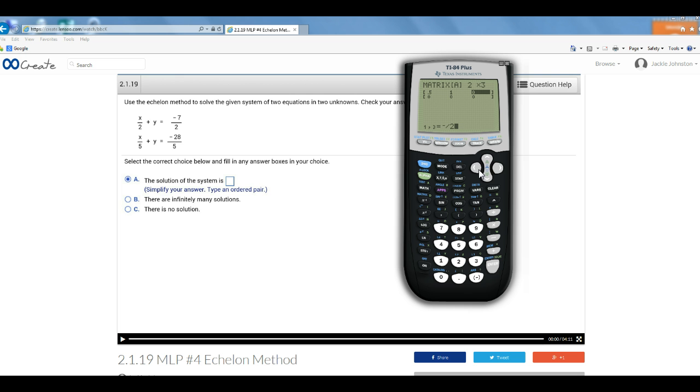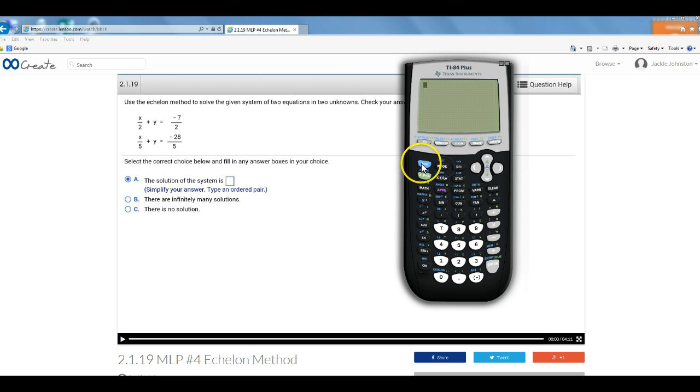Oh, I didn't get my 7 in there for some reason. Negative 7 over 2. And then I have 1 over 5, 1, and negative 28 divided by 5. So there's my matrix.